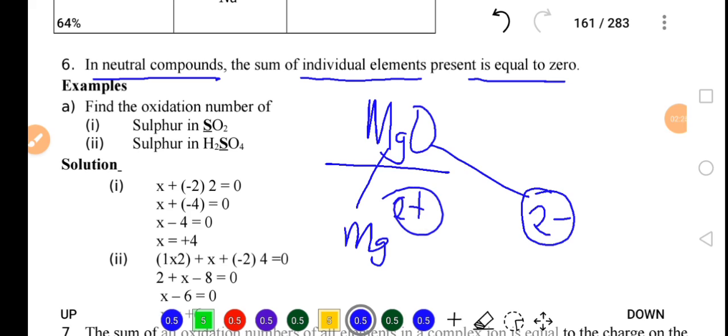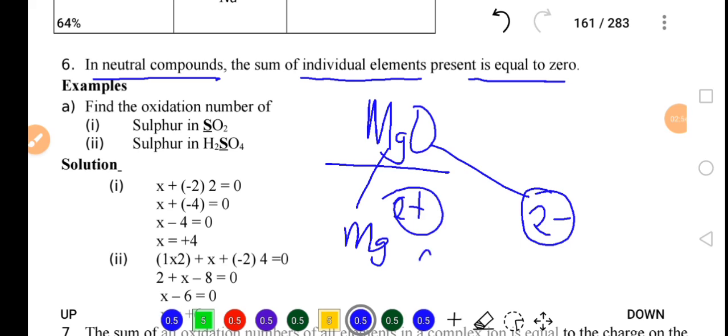Okay? Now we are saying in the neutral compound, this magnesium oxide is neutral because it has no charge. The sum of the charges of the elements in this compound equals 0.